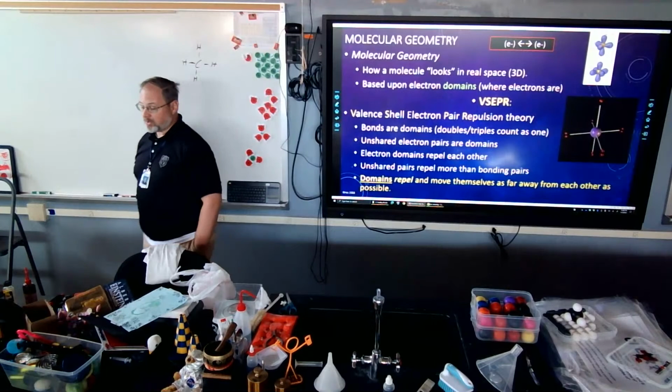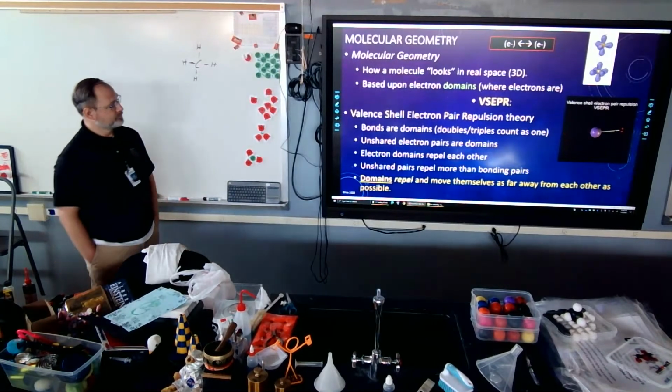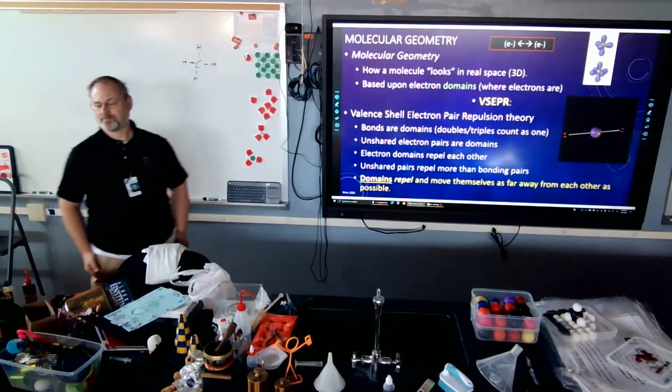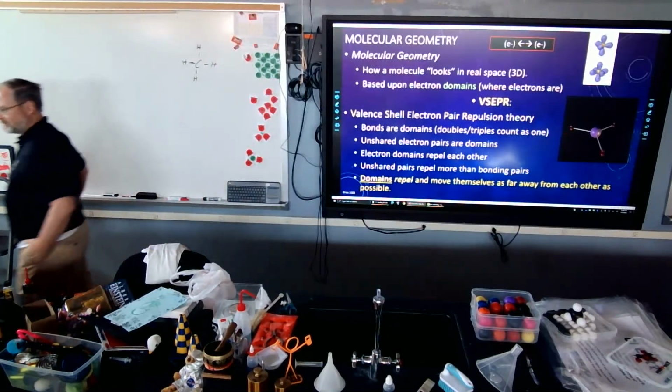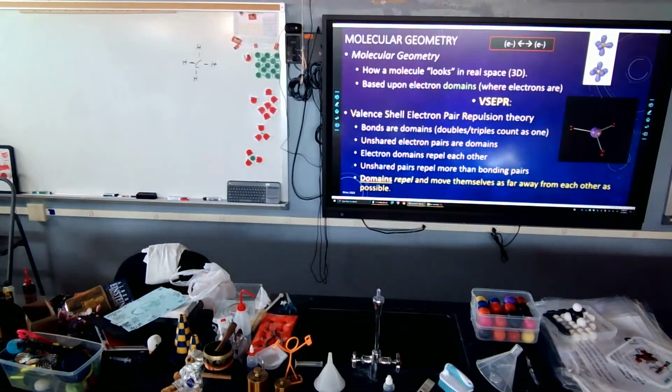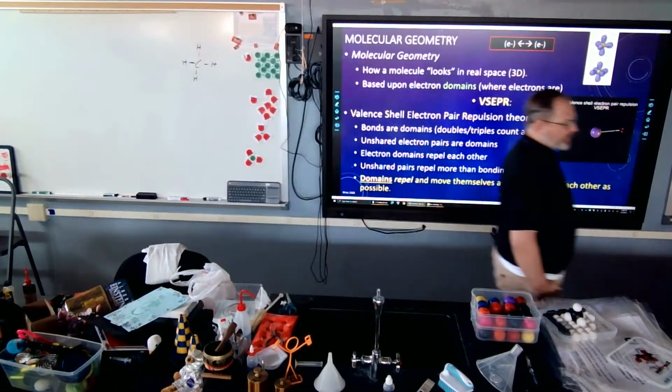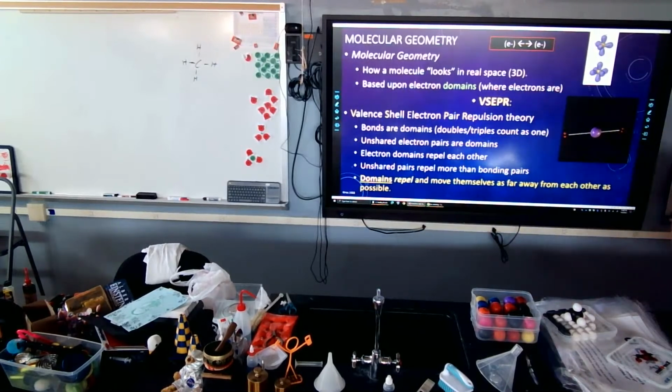That's the bulk of VSEPR. The domains repel each other. Unshared pairs are domains, bonding pairs are domains, and those domains don't want to be near other domains. So they just repel each other in real space.